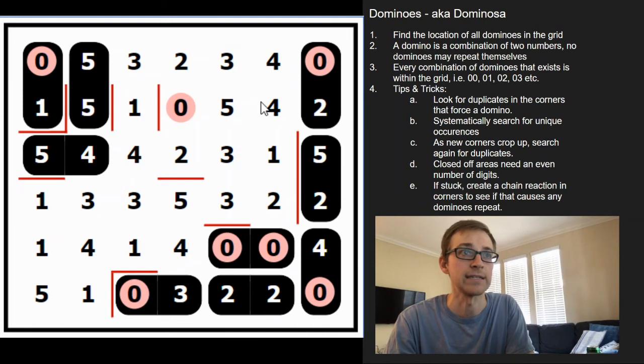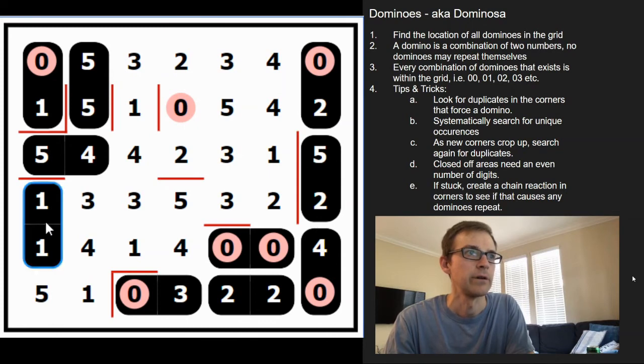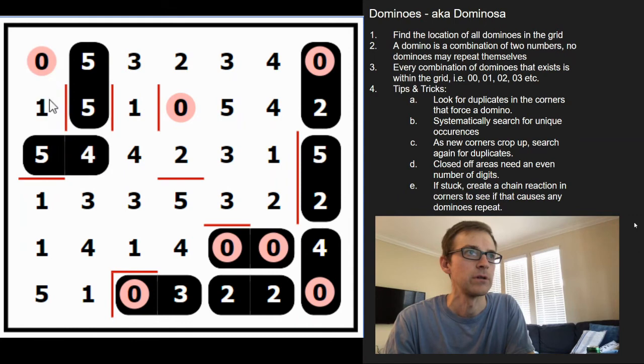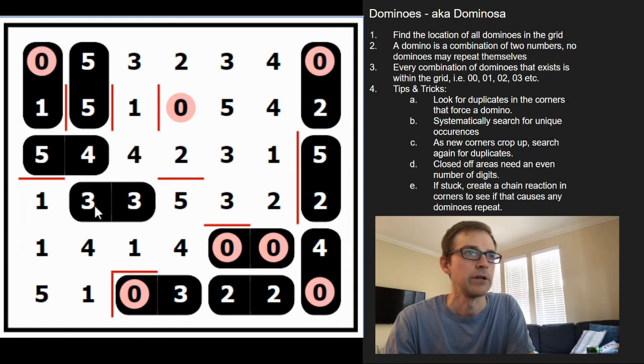So that doesn't help us. But let's say, for instance, we created a chain reaction like this with this 3-3.